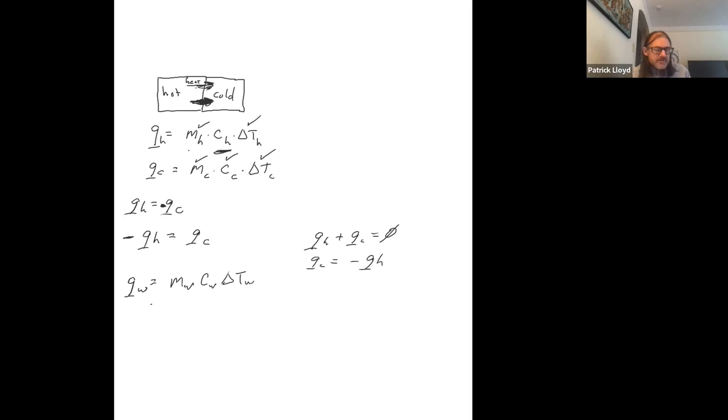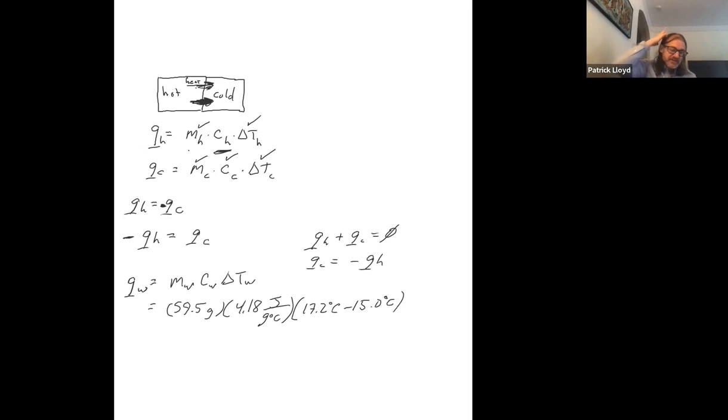Okay, so the water, again in grams, is 59.5 grams. Specific heat of water, memorize this number, 4.18 joules per gram degrees C. The change in temperature, final minus initial, okay? So it started at 15 and it ended at 17.2.